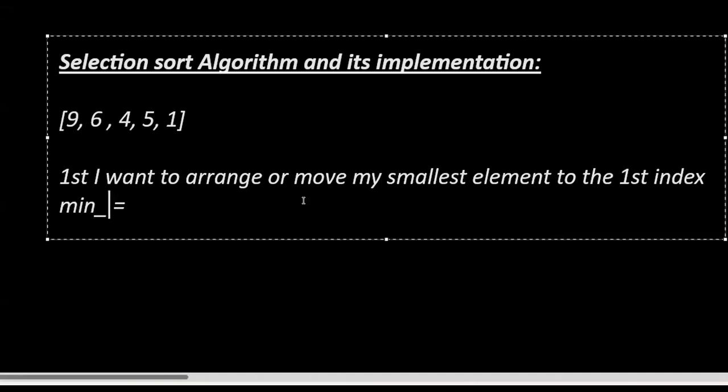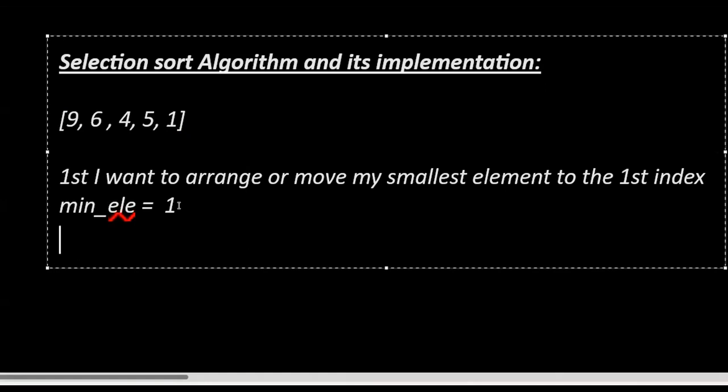What is the current minimum element of the list? After moving from the start till the end of my list, I find that the minimum element is 1. I want to move it to the first index. So now I found my minimum element, that is 1.